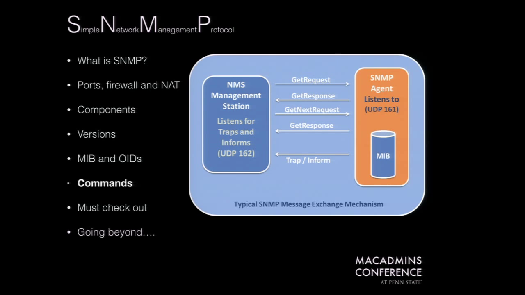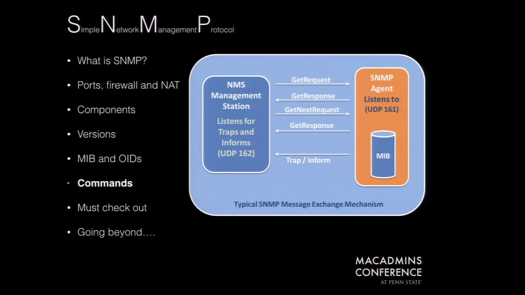So the set value obviously is to write information. When you manage the community string to authenticate to the agent, there are two different subsets of authentication. The community string for read and for write could be different. Obviously, you want that. And by default, it's public and private. Yes, for read and write.